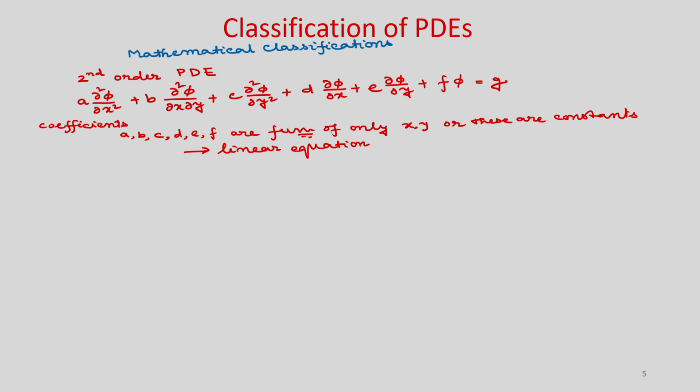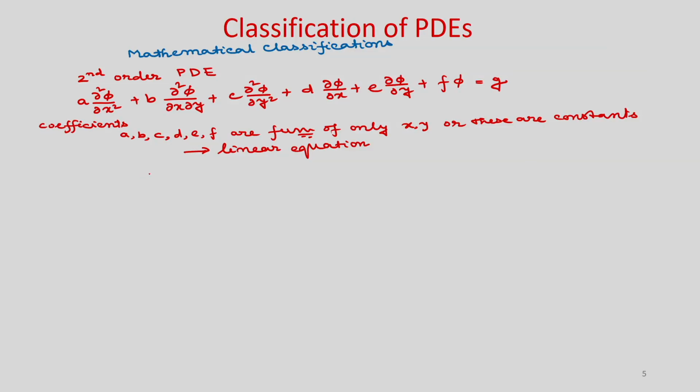So, if the coefficients are constants or only functions of x y, then this will be called a linear equation, otherwise it is non-linear. And if G is 0, then it is homogeneous, otherwise it is non-homogeneous. So, if G is equal to 0, then this is known as a homogeneous equation, otherwise it is a non-homogeneous equation.